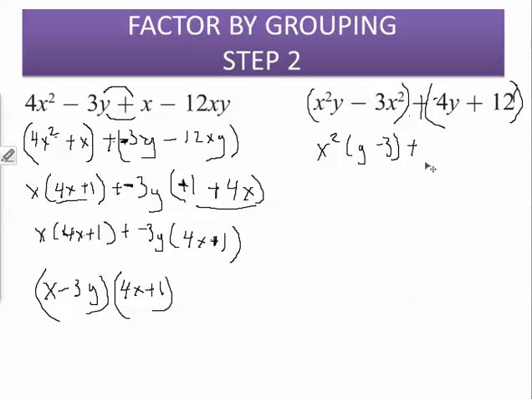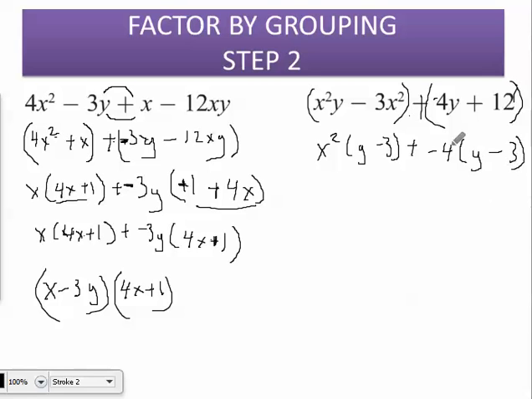So I'm going to pull out a minus 4 out of both of those two terms. I'll get minus 4 times y minus 3. Minus 3 times minus 4 gives me the positive 12. Okay, so I've got y minus 3 in both terms. Y minus 3 becomes this term, and my other term becomes x squared minus 4.